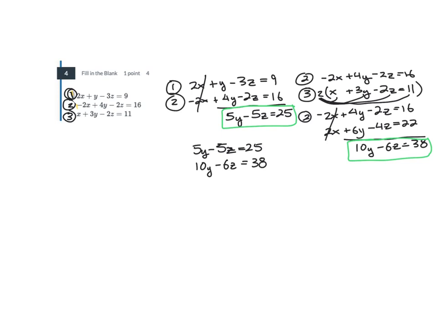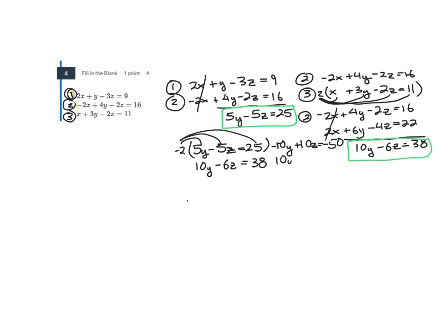So the easiest thing I see right away is that I have a 5y and a 10y. I can make 5 look like 10 by multiplying it by 2. I also need it to be opposite, so I'm going to multiply my top equation by negative 2. So I'm going to multiply negative 2 by everything in this first equation, and I have negative 10y plus 10z equals negative 50.